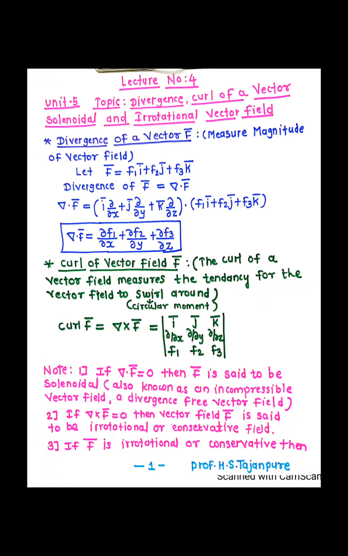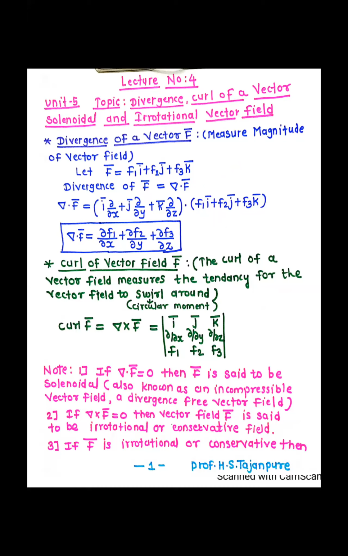For example, suppose we have a vector f bar equals f1 i bar plus f2 j bar plus f3 k bar, then divergence of f bar is given by del dot f bar. We know the definition of del, that is i bar del by del x plus j bar del by del y plus k bar del by del z. Let us take its dot product.